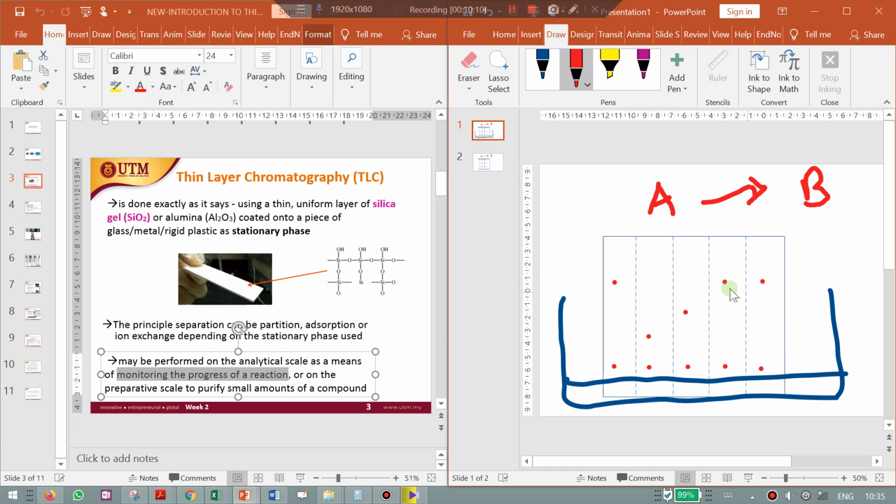So you can extract from raw material to get the desired compound for analysis. Methods 3 and 4 successfully extracted the same drug as the standard, so method 1 and method 2 are not successful. That is what is meant by preparative scale to purify a small amount of compound.